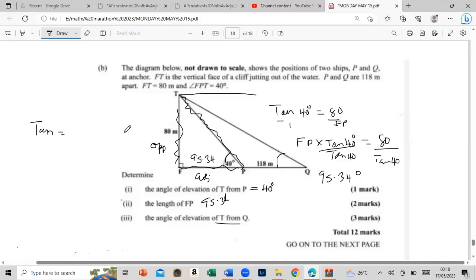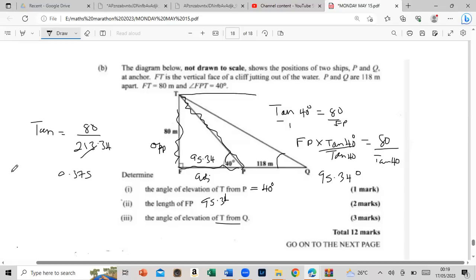The opposite is 80, and the adjacent is 118 plus 95.34, which is 213.34. So when we divide that, we get 0.375.